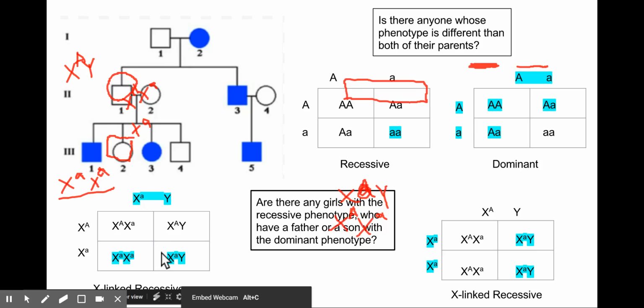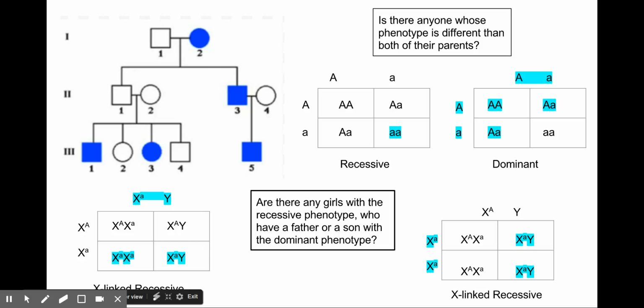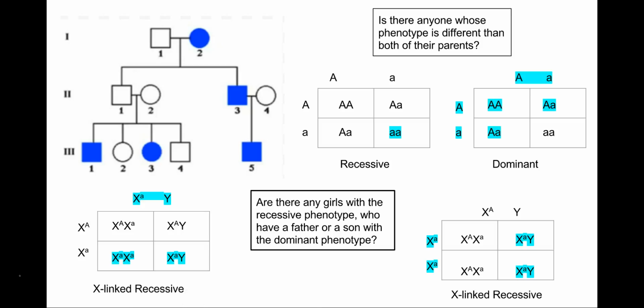Now, it gets a little tricky when they don't tell you what the pedigree is, but you need to try and figure it out. They don't tell you who has the trait and who doesn't, but with this, it's a little bit tricky because you've got to try and decipher it.